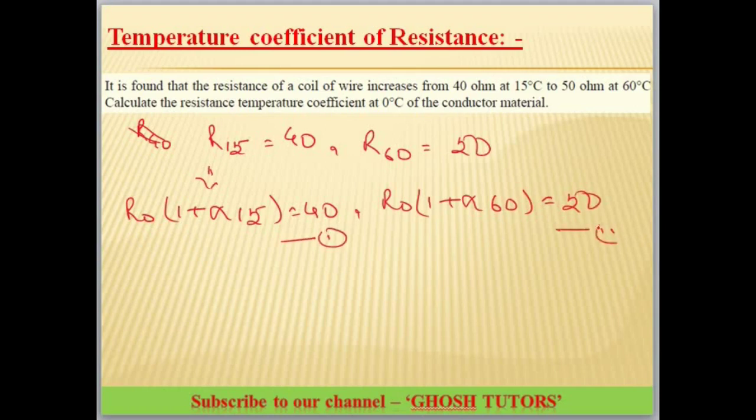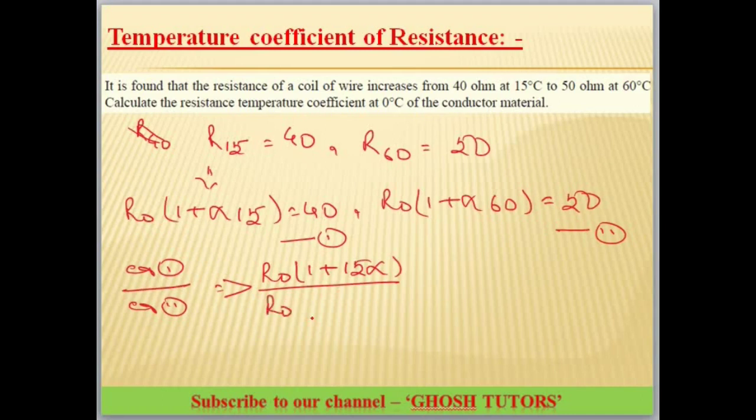Now we can divide equation 1 by equation 2. What will come? R naught into 1 plus 15 alpha by R naught into 1 plus 60 alpha is equal to 40 by 50. The 0 will cancel and R naught will also cancel.